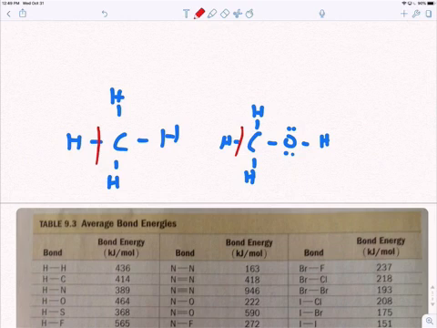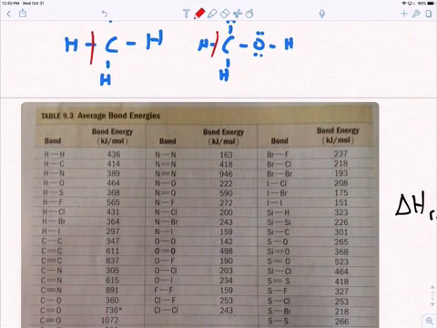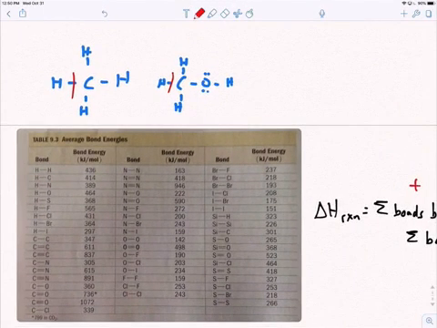Because this oxygen draws electron density toward itself and weakens this bond, so it takes a little less energy to break. But we've averaged all of them and come up with the carbon-hydrogen bond being about 414 kilojoules per mole. Again, this is an average.